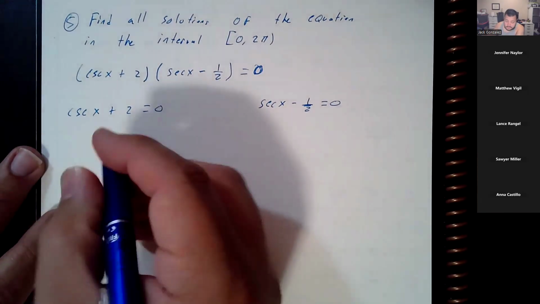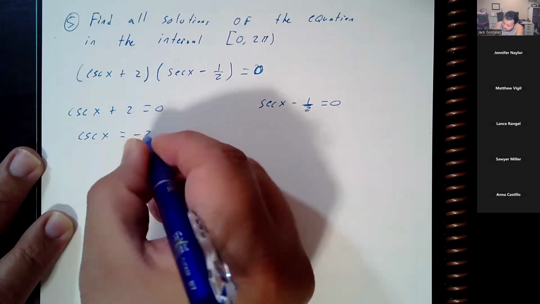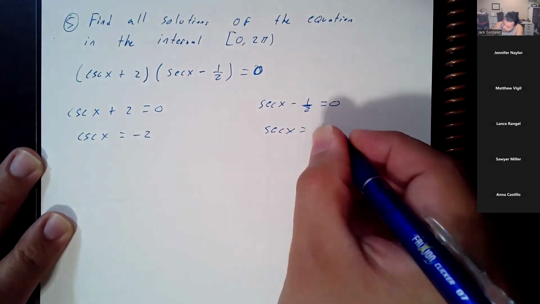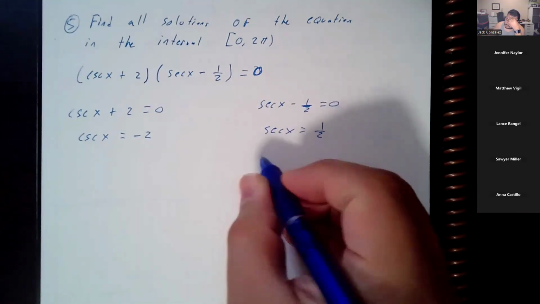Alrighty. So solve for the trig function. Subtract the 2, add the 1/2. Now use your circle. What is secant again? The reciprocal of cosine, I think.